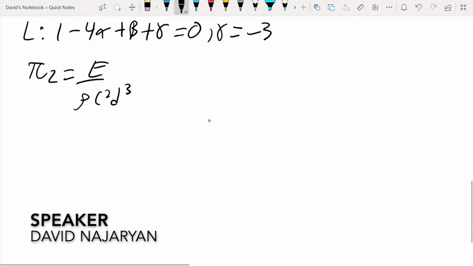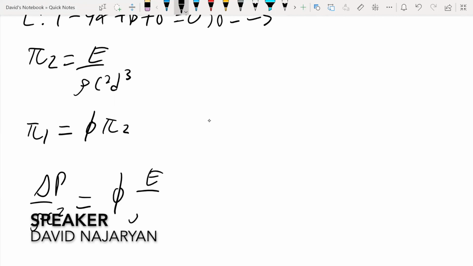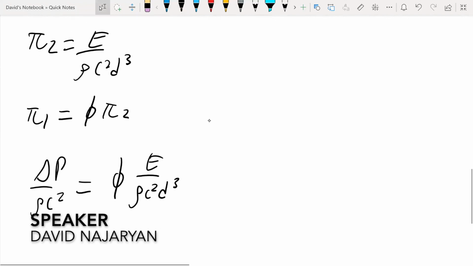And from the pi theorem, we know that pi 1 equals some function phi of pi 2. In this case, we have delta p over rho c squared equals phi of E over rho c squared d cubed. So this is the answer for part A.